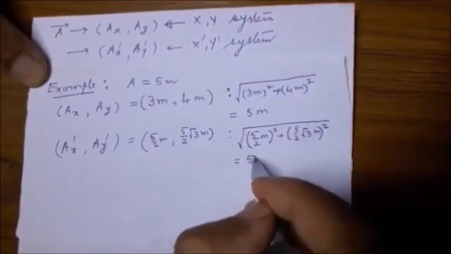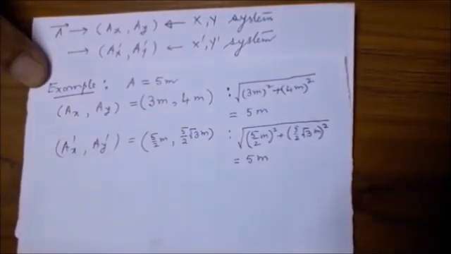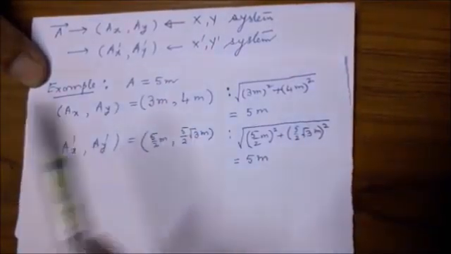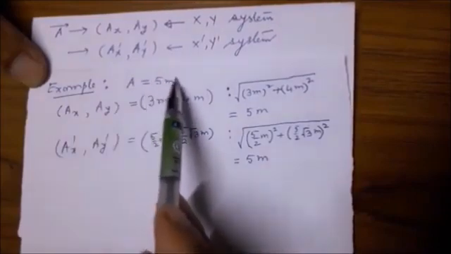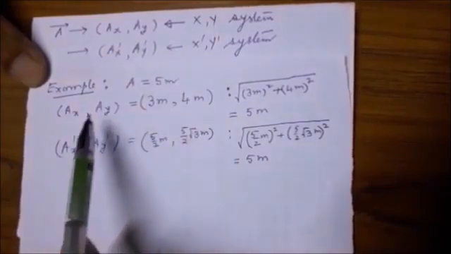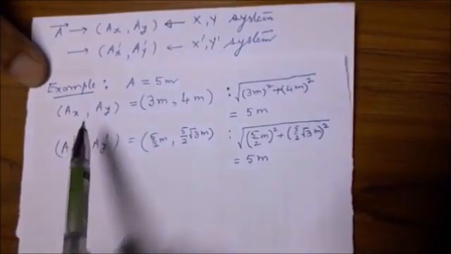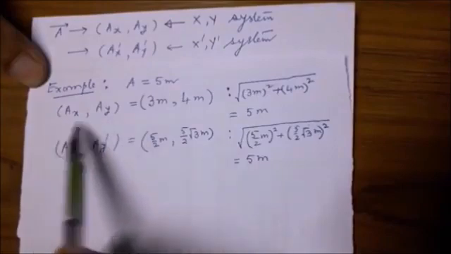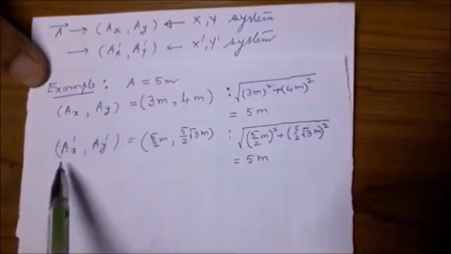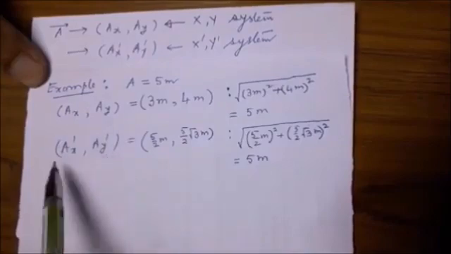And this again turns out to be 5 meters. So here we speak of a vector whose magnitude is 5 meters with respect to both frames of reference. One is the unprimed frame and the other one is the primed frame.